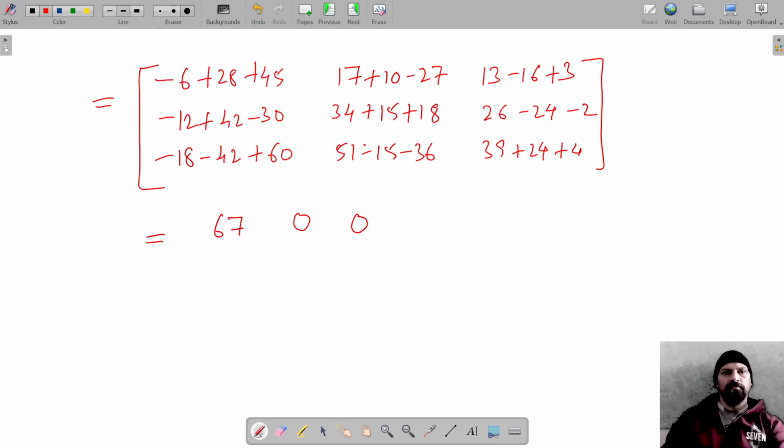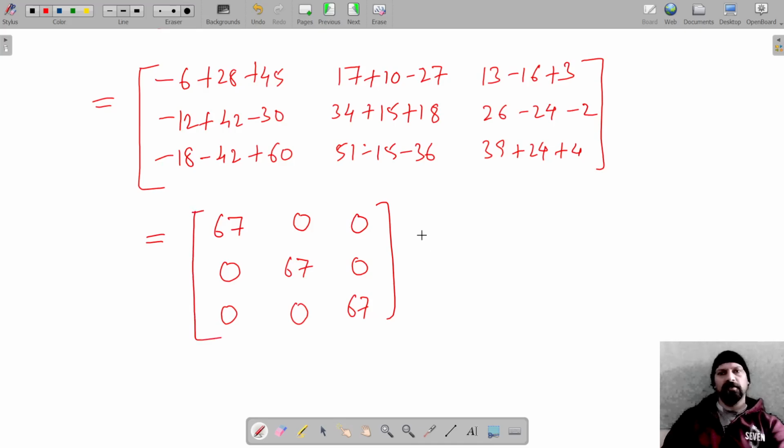Negative 12 plus 42 minus 30 is 0. 34 plus 15 plus 18 is 67. 26 minus 24 minus 2 is 0. 18 minus 42 plus 60 is 0. 51 minus 15 minus 36 is 0. And this is 67. Okay, so now I can take 67 common here.